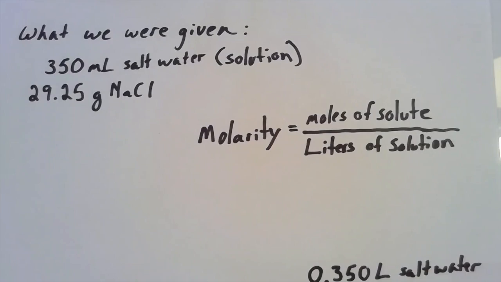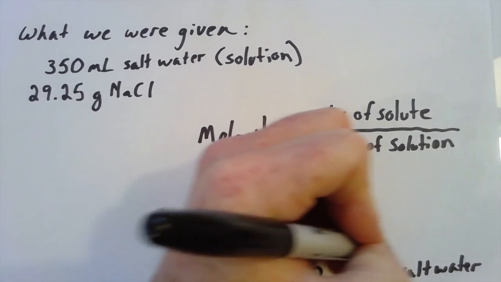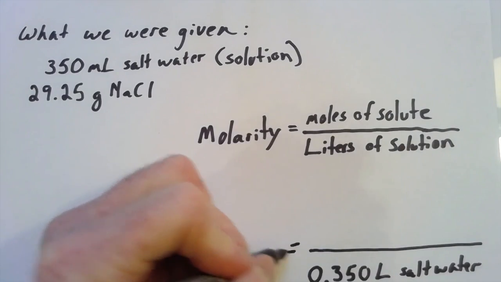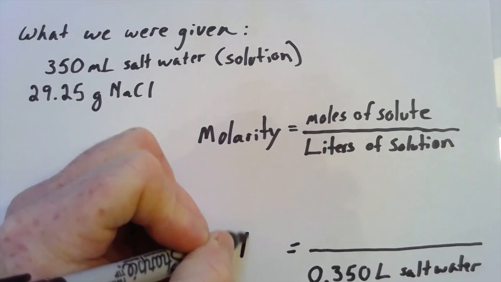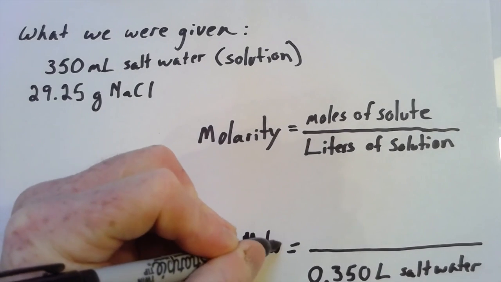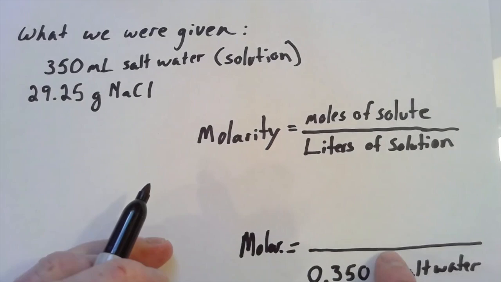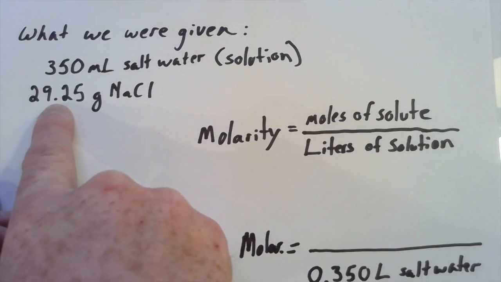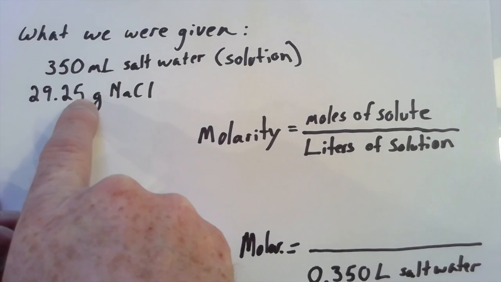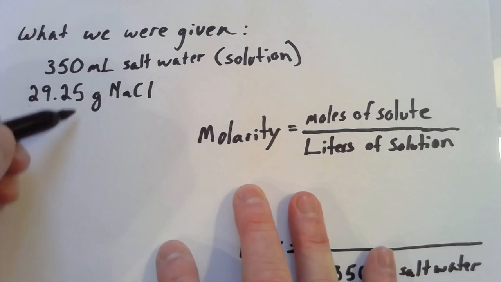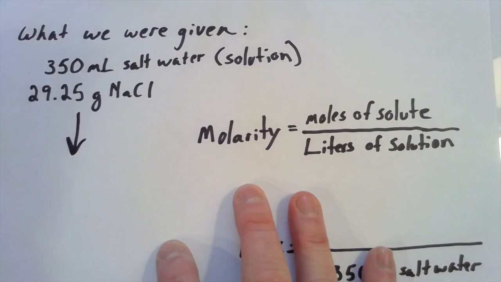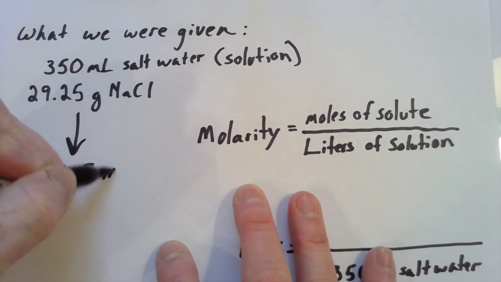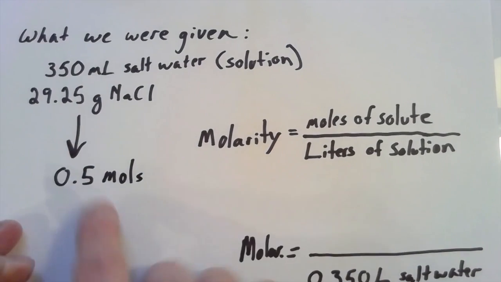Now, we were looking for the molarity. Up top, we needed moles of solute. We were given 29.25 grams of salt. We worked together to convert that to 0.5 moles of salt.